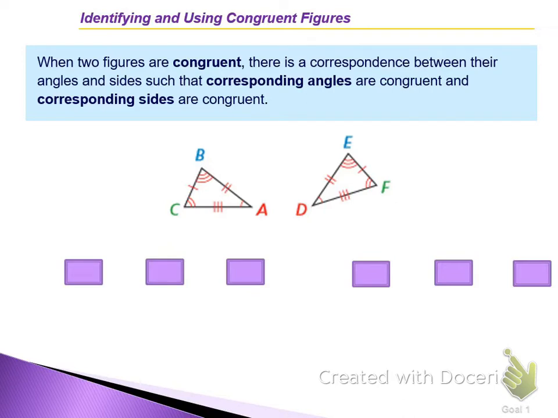So when two figures are congruent, there is a correspondence between their angles and sides, such that corresponding angles are congruent and corresponding sides are congruent.